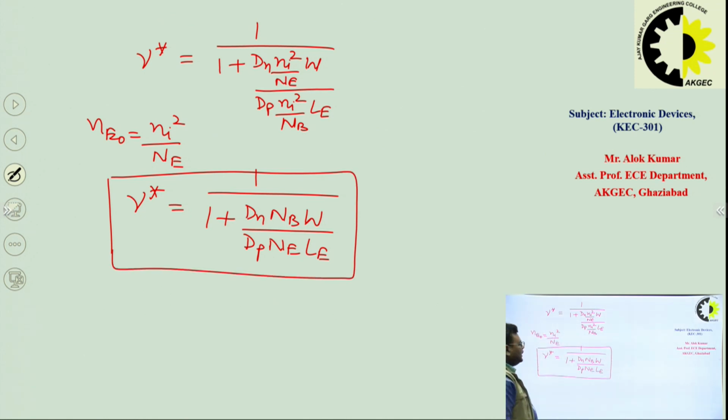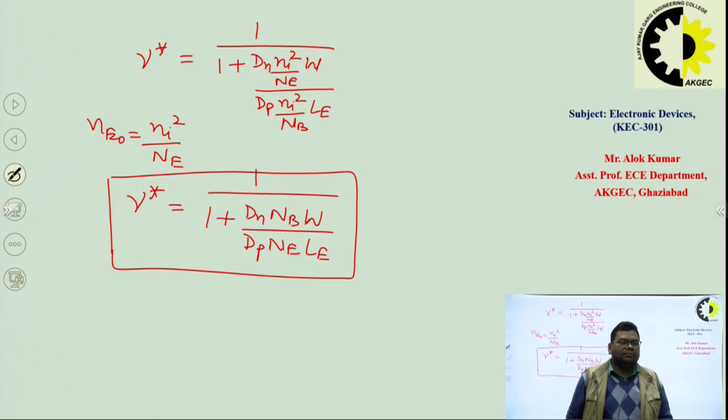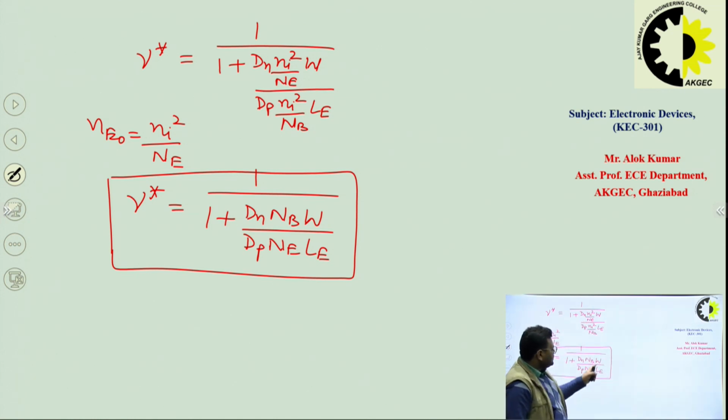From here we can see, if we try to keep this near about 1, then this Nb over Ne should be as small as possible. That's why we keep Nb less than Ne. And similarly here, if we see this W by L ratio, this Le is the diffusion length of electrons in the emitter region.